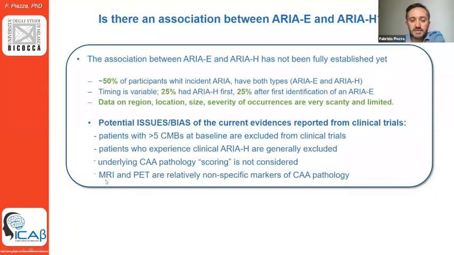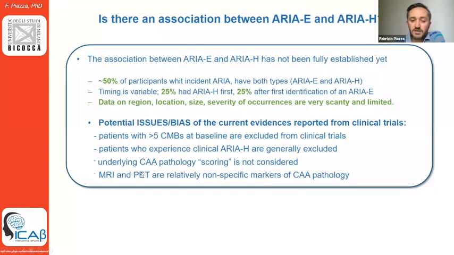What I mean is that MRI is looking for hemosiderin deposits that are related to iron deposition, but not all the black spots that I showed you are necessarily related to amyloid deposition. So MRI is not a direct marker for amyloid.